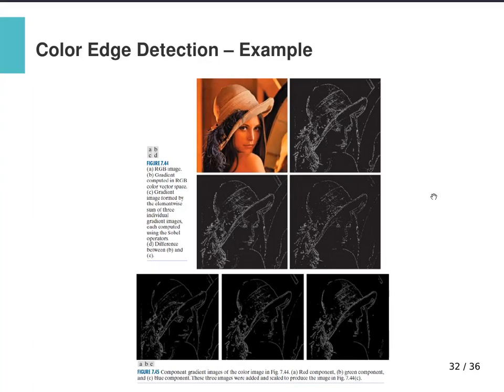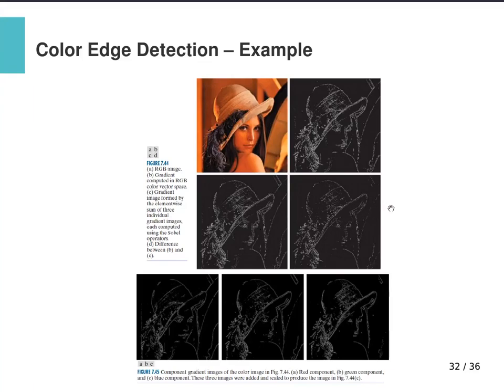So depending on the application that you want to use these gradients for, in some cases maybe just calculating the gradient image for each one of these individual color components and summing all of them together can be done much faster than doing it the other way, right? So if you want to have a good estimate of the edge components, maybe you can get away with only doing it this way, so you have an approximate of the gradient values.